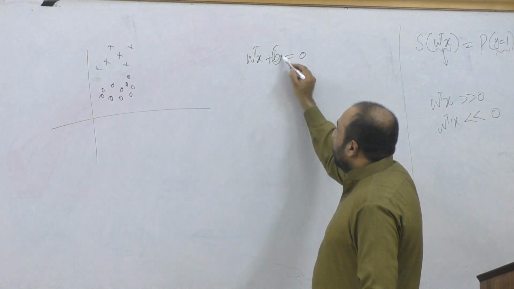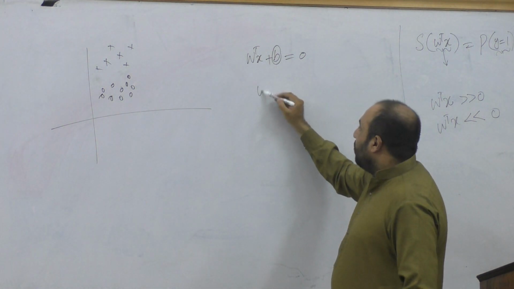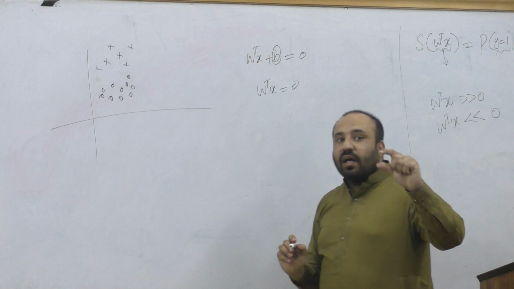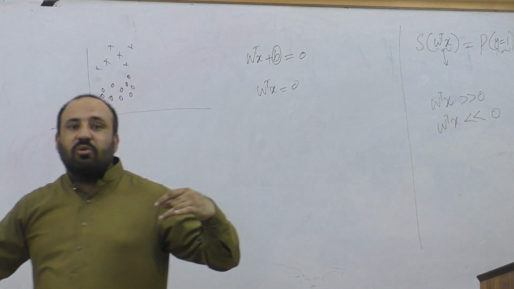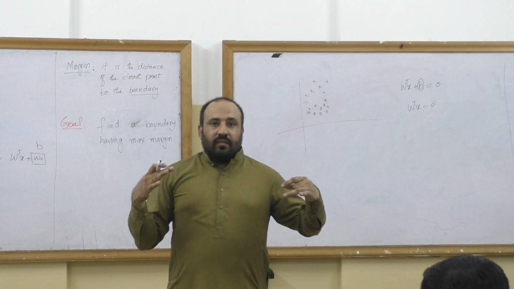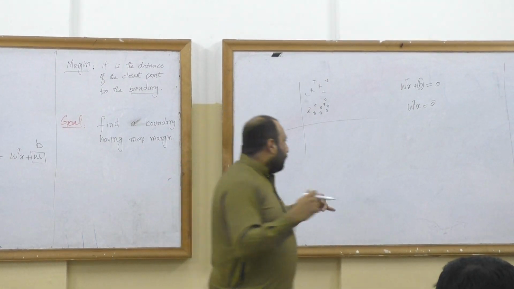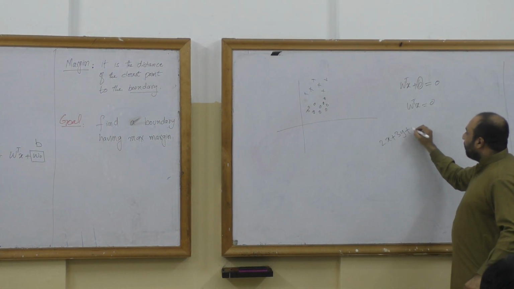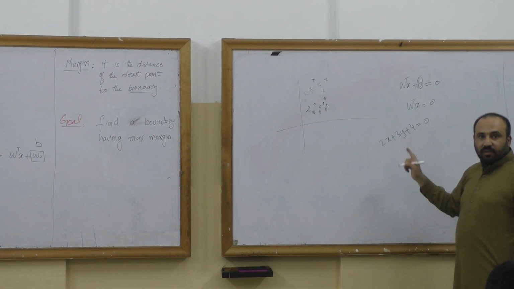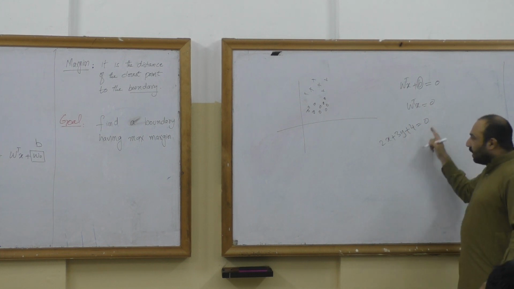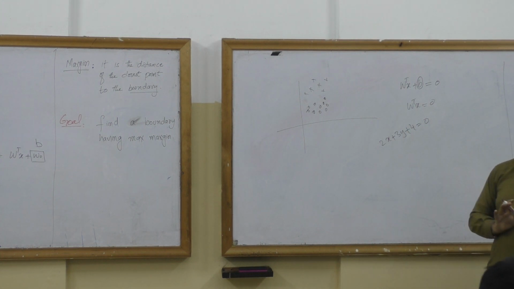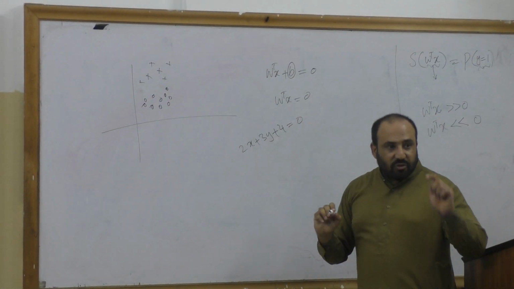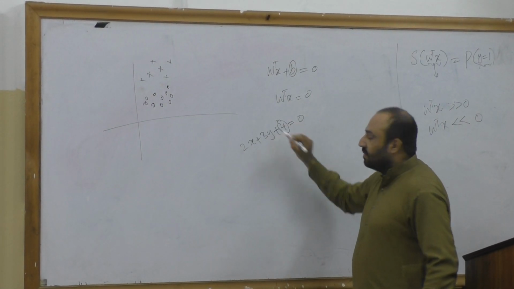If B is not there, your equation is W transpose X equal to 0. Then you are not allowing your separating boundary to leave the origin. Okay? For example, if you have 2x plus 3y plus 4 equal to 0, in this particular case, this is a line that is not passing through origin. And this is not passing through origin because of this number.